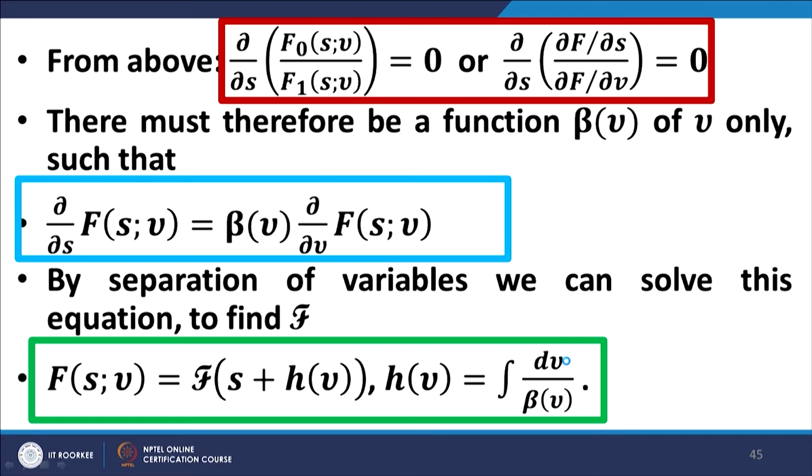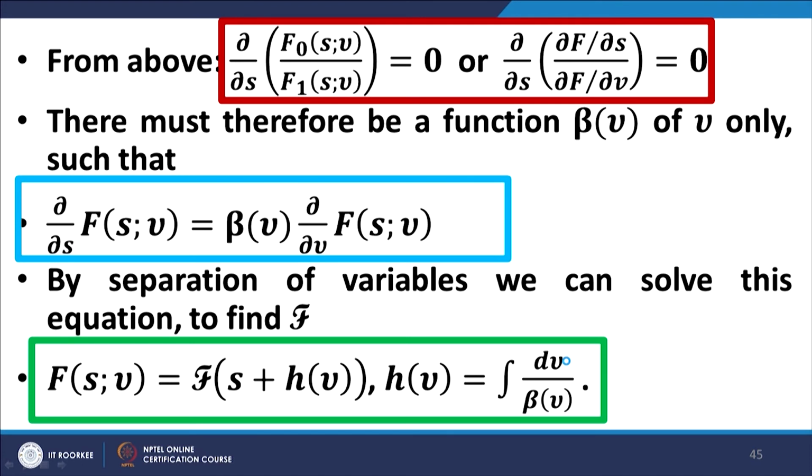That means df by dS is equal to some function of V into df by dV. So, I can write it this way: df by dS is equal to beta of V, some function of V, into df by dV.